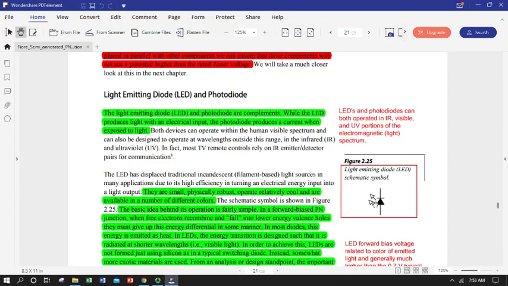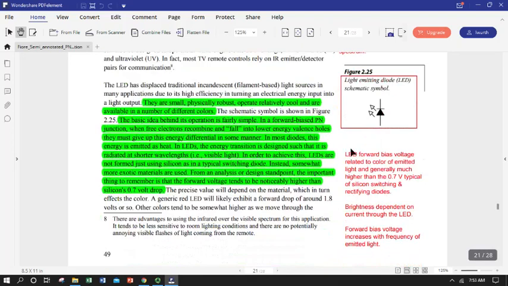And that's one of the reasons these things have such a high forward bias voltage drop, because you're doing more than pushing charge carriers across them. You're siphoning off some of your applied voltage to make light, which is great if you want to make light or create an indicator.